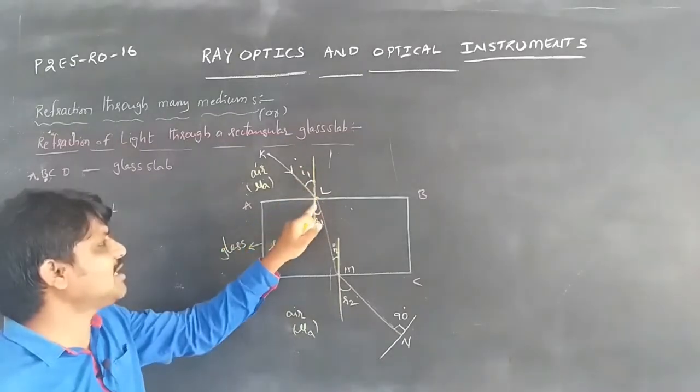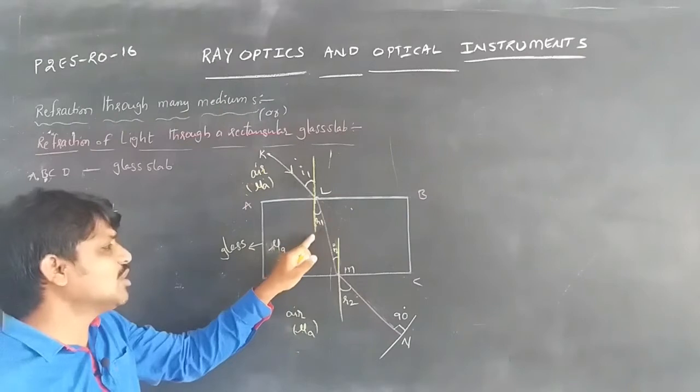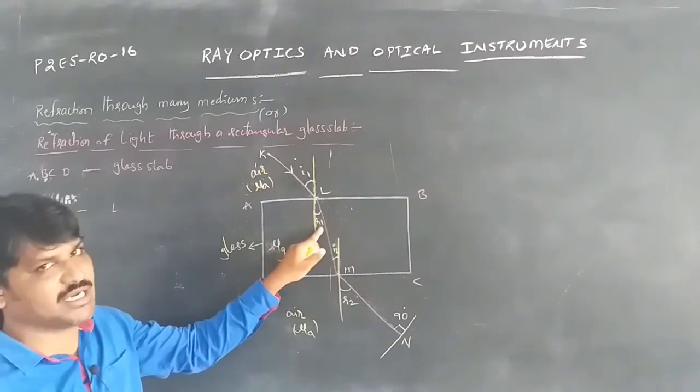Here is the normal, and the ray moves towards the normal, and the angle of refraction is R1.